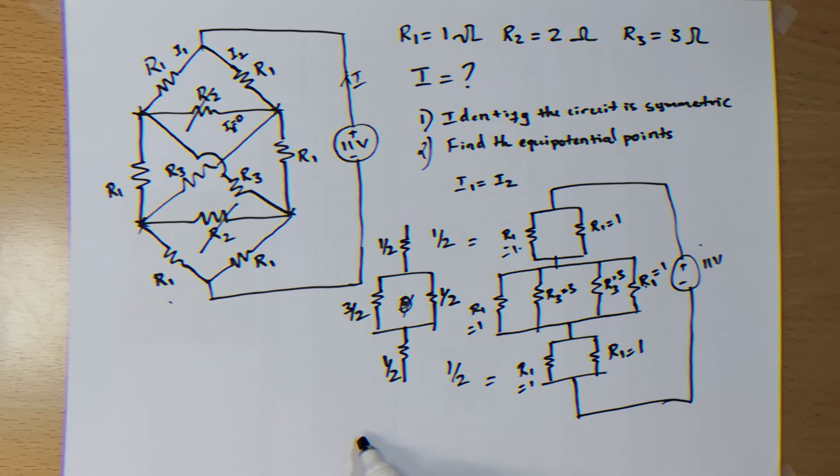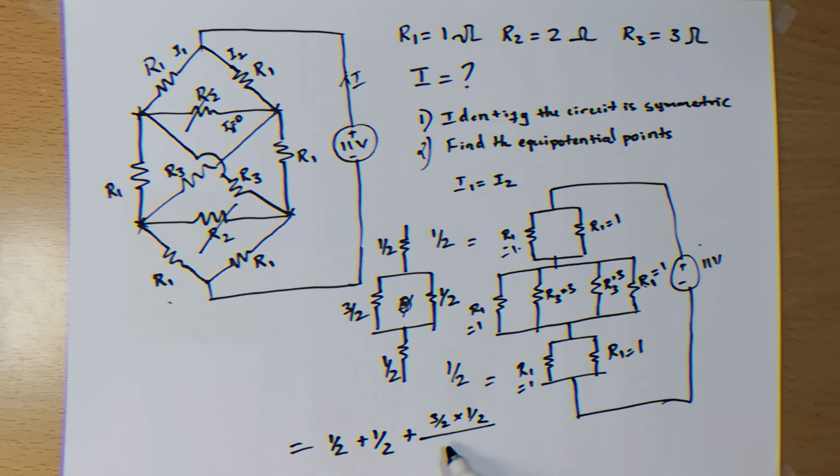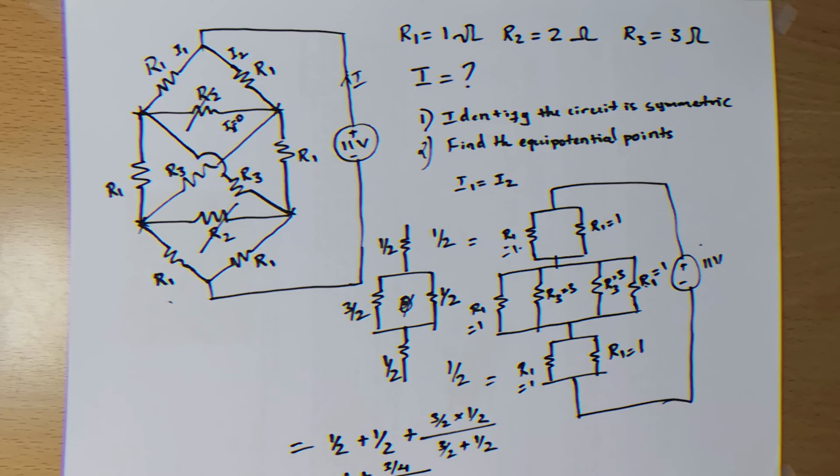So the total value will be 1 by 2 plus 1 by 2 plus 3 by 2 into 1 by 2 divided by 3 by 2 plus 1 by 2. I'll just do a quick calculation, which is 1 plus, here it's 3 by 4, and it's 4 by 2.